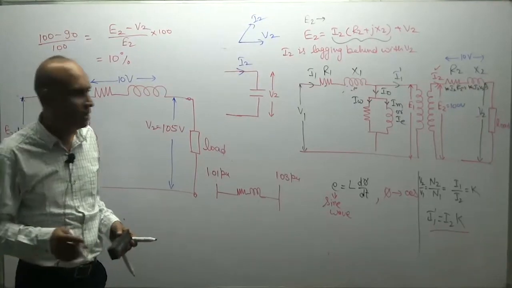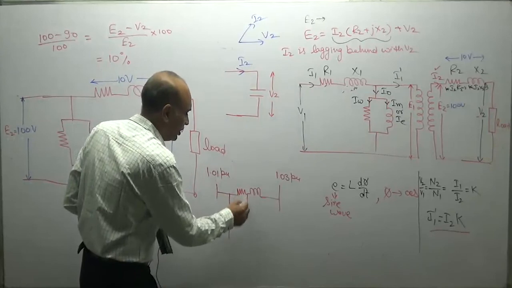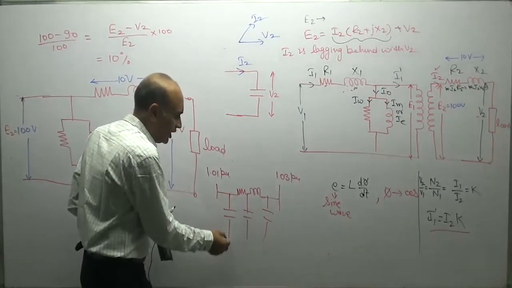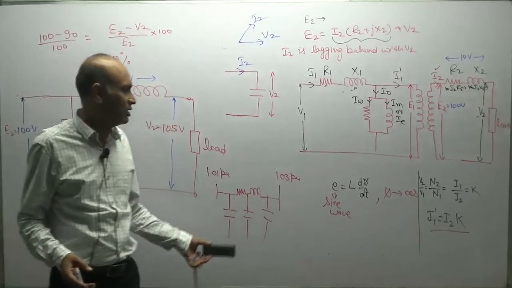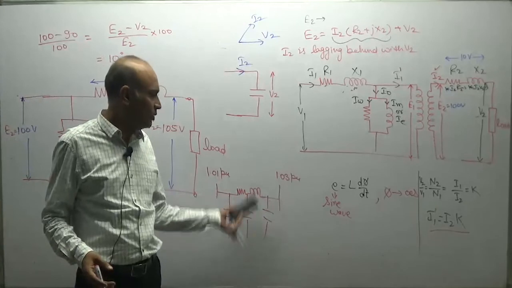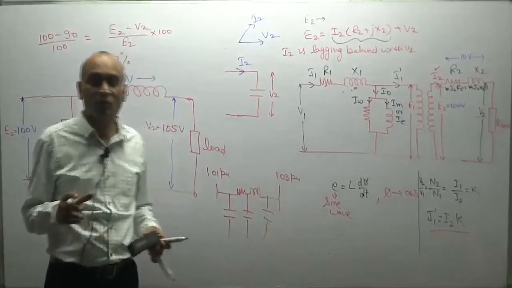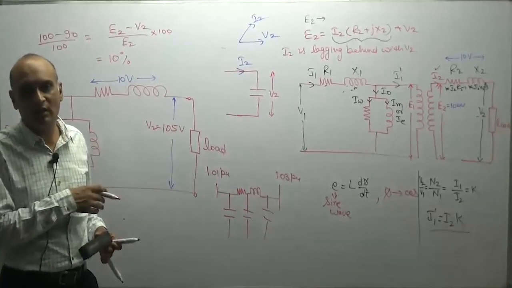And why does it happen? Because there are natural capacitances between the transmission line and earth. So, because of this capacitance, voltage may increase and receiving end voltage may be higher. So, what is capacitance doing? Capacitor is trying to increase the voltage.